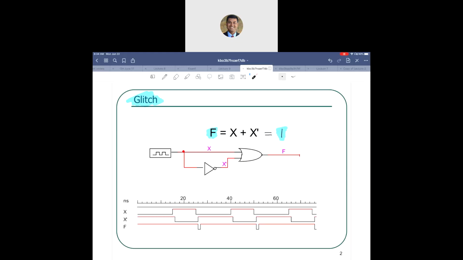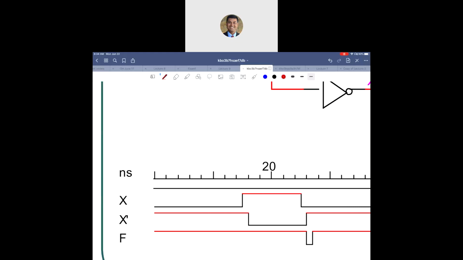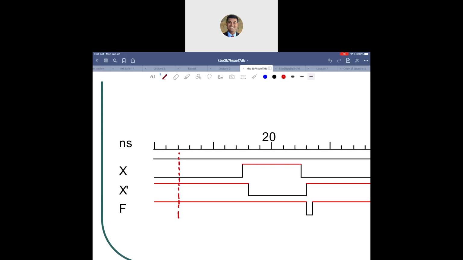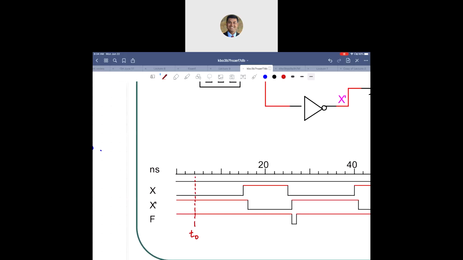So let's see. If this is 0, and let's tackle this, right? Let's take a look at this time. Say this is t0. So we have x, what is x?